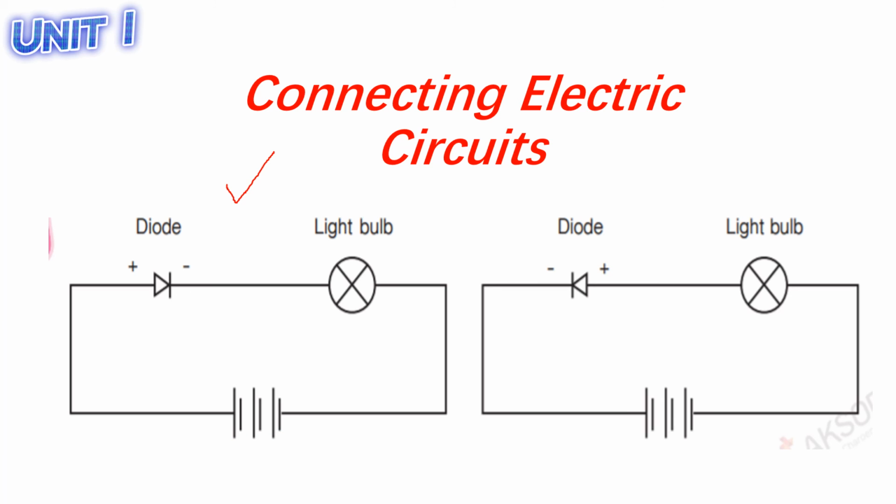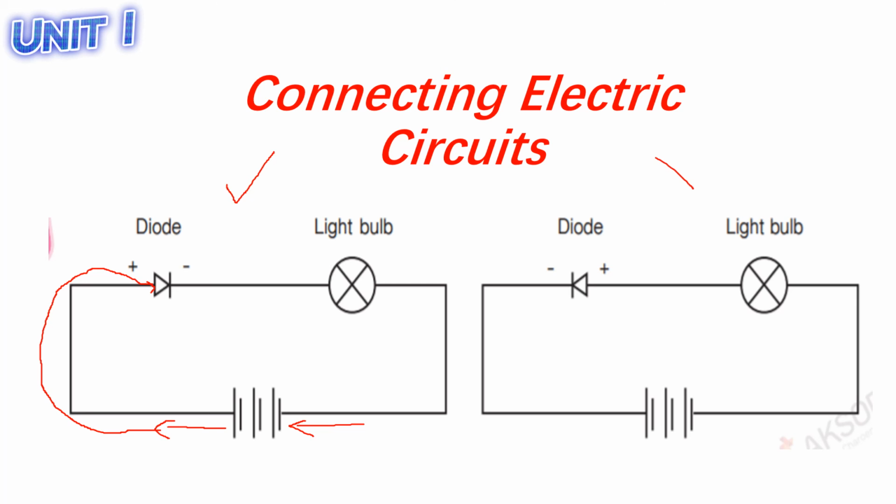The electric current will flow from positive going to negative, so your positive will simply go to your diode, because your diode receives the electrons coming from the positive terminal of your battery, and then will exit in the negative terminal of your diode, going to your light bulb, then going back to your battery.